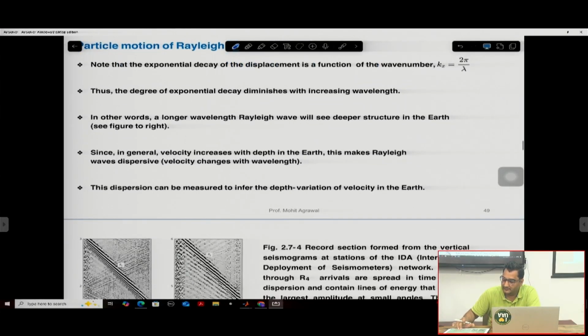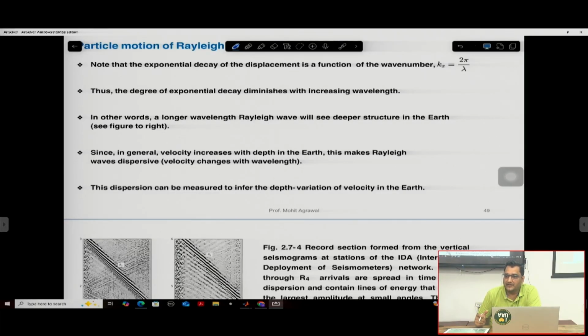In other words, a longer wavelength Rayleigh wave will see deeper structure, which means the larger the wavelength, the larger the illumination of the deeper structure. So it depends upon how large the wavelength is. The longer the wavelength, the deeper you can penetrate into the earth. Mostly the Rayleigh waves are confined to the surface of the earth, but they have some penetration.